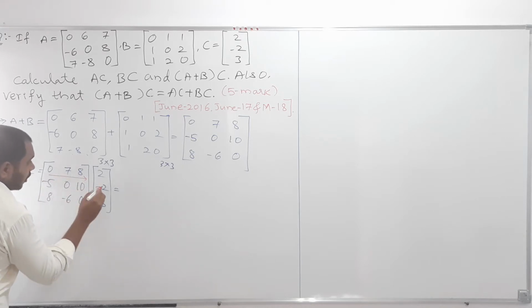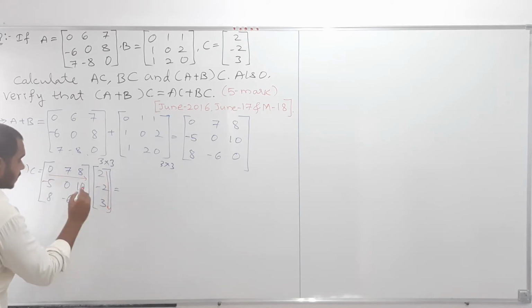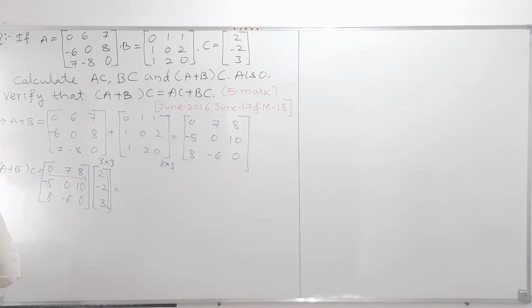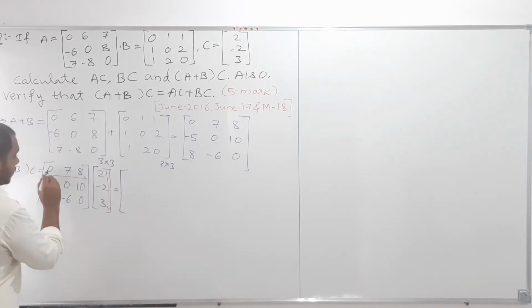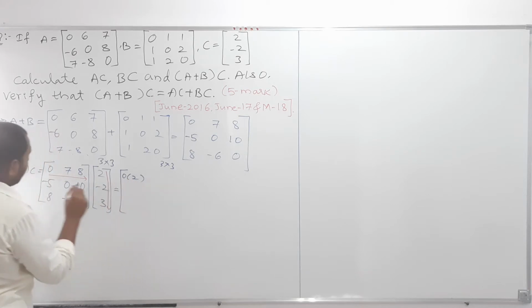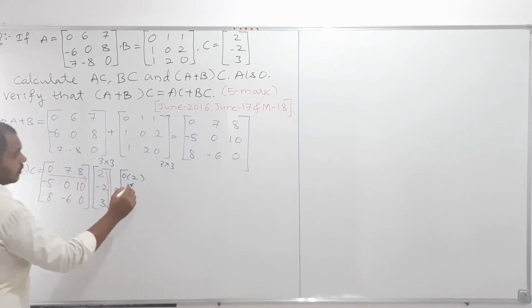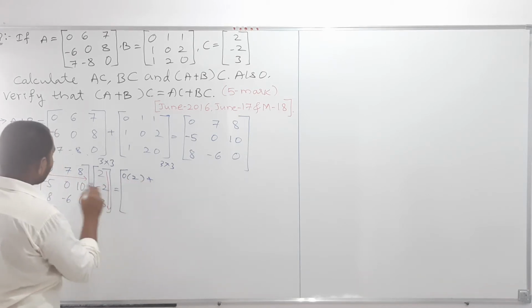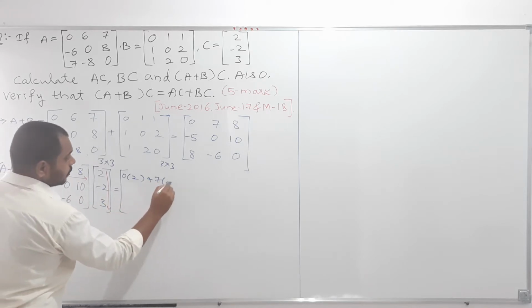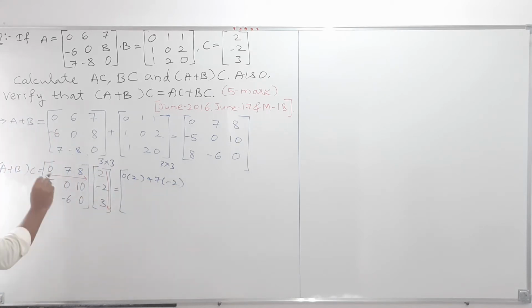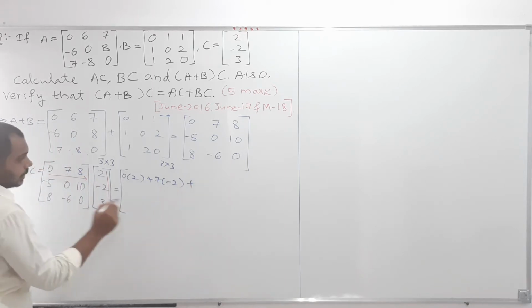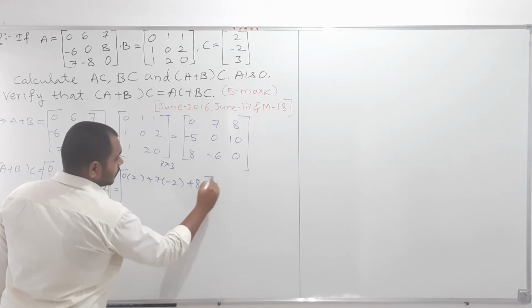So row by column. Now here it is, first row, first column. Multiply row by column. So this is 0 into 2, plus 7 into minus 2, plus 8 into 3.